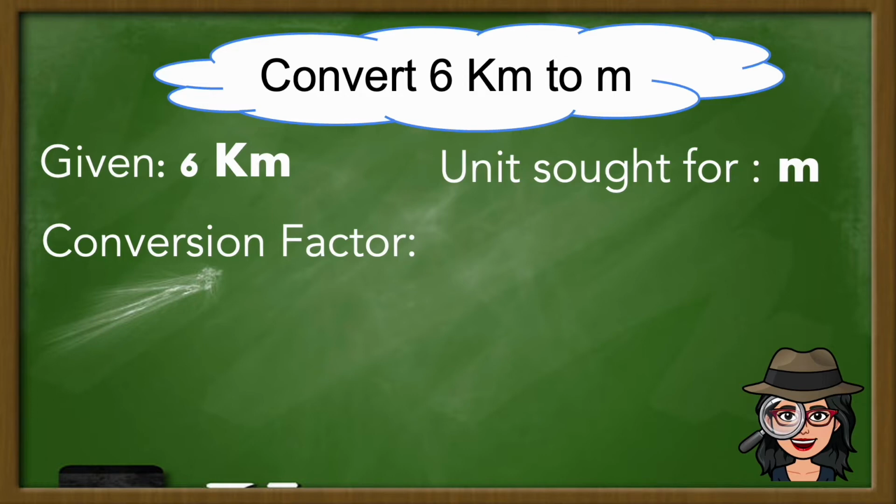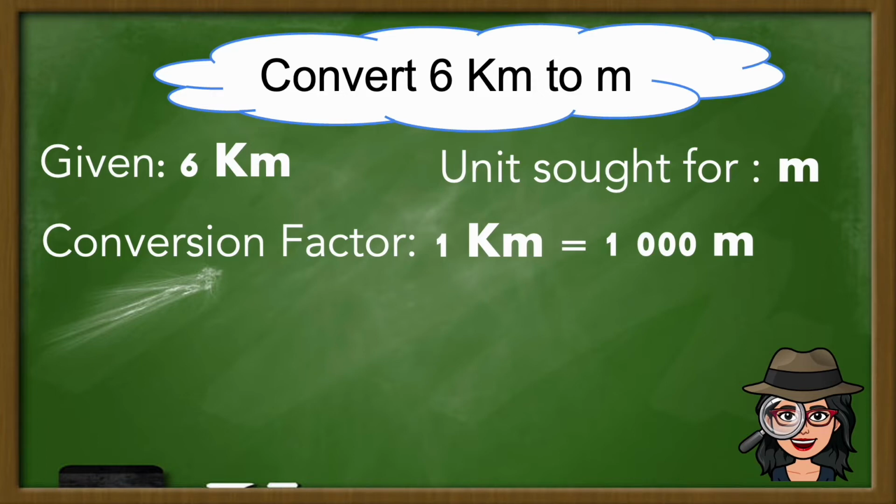So you can put 1 for kilometer and ask how many of the smaller units are in the bigger unit. Remember, in our previous lesson, the prefix kilo means 1,000. Therefore, 1 kilometer is equal to 1,000 meters. That will be our conversion factor.